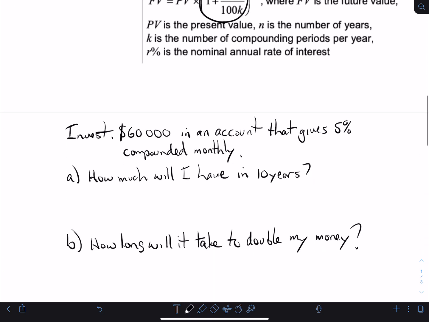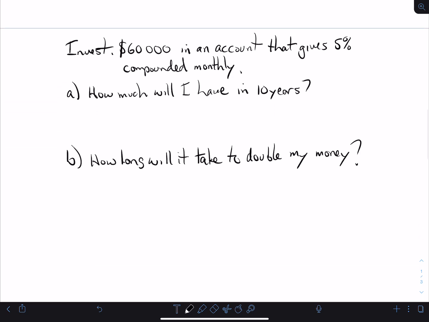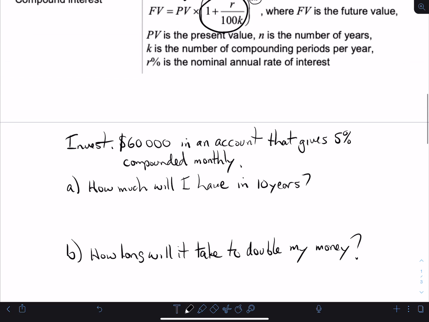So as a problem here, I've got a problem which has an easy question, then a slightly harder one. I'm investing $60,000, 5% interest, compounded monthly. How much will I have in 10 years? If I just go off of that formula we've just talked about, we're looking for the future value in this problem, and the present value is $60,000.